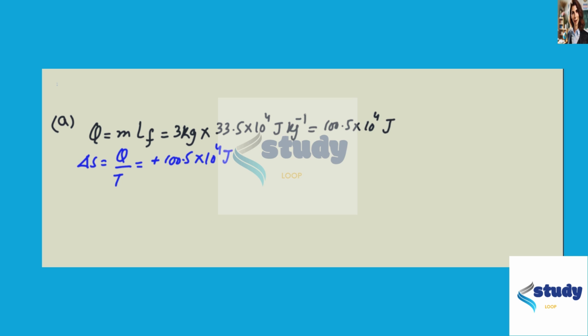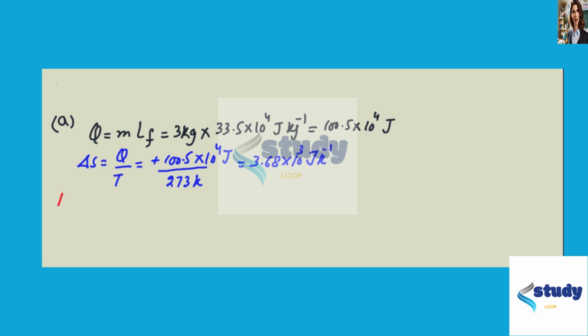This shows that heat is absorbed by ice. Temperature T here is 273 Kelvin. This gives us change in entropy equal to 3.68 times 10 to the power 3 joule per Kelvin. So this is the answer of part A of this problem.